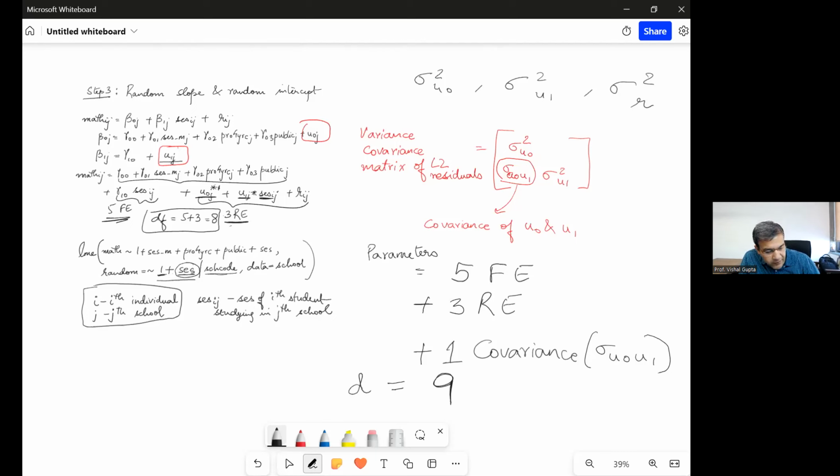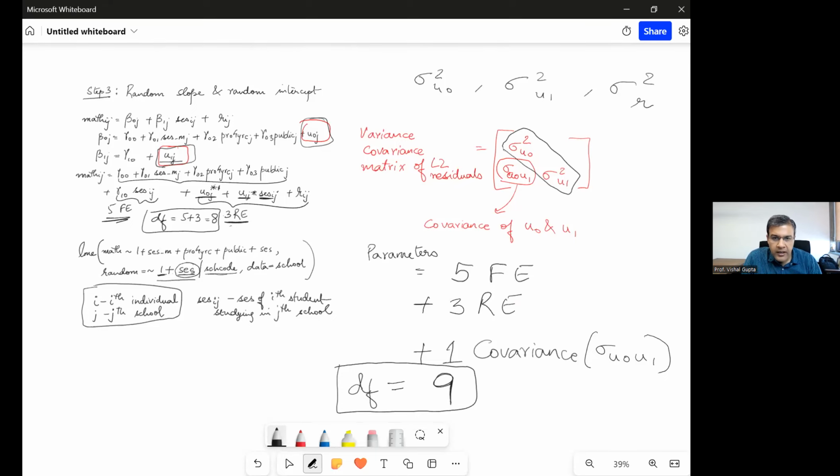So the degree of freedom of this model comes out to be 9, because it also says I want to estimate not just sigma square u0 and sigma square u1. I also want to know what is the correlation between these two residuals that I have now estimated.